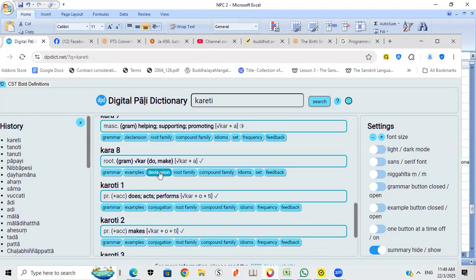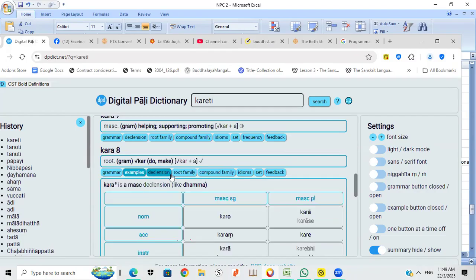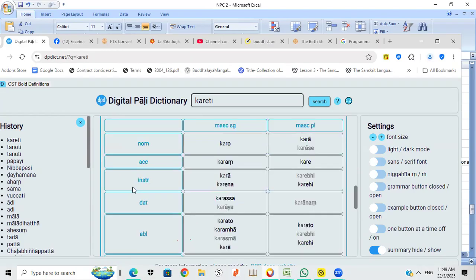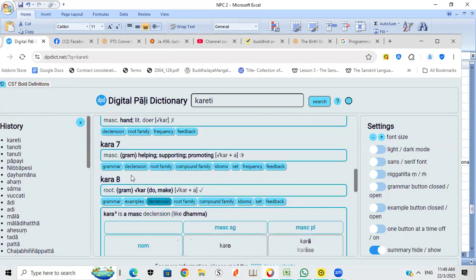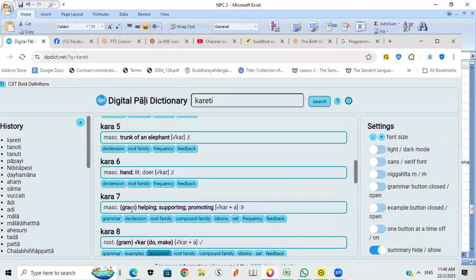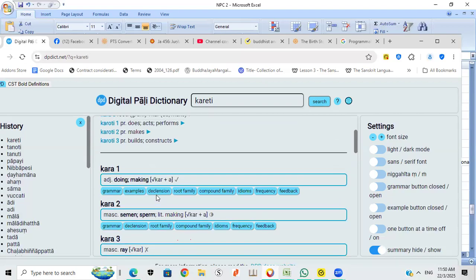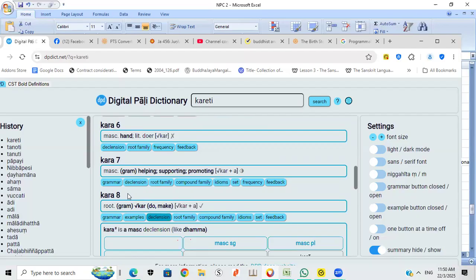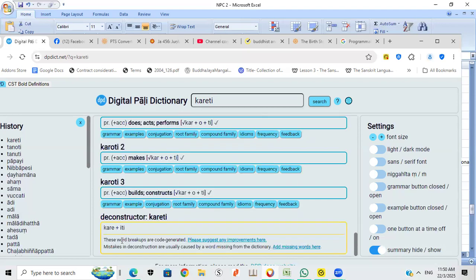So you can do a conjugation of this. Conjugation.